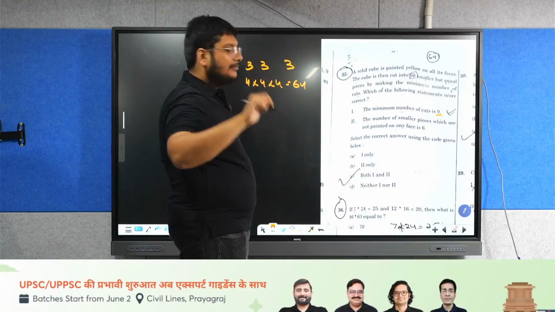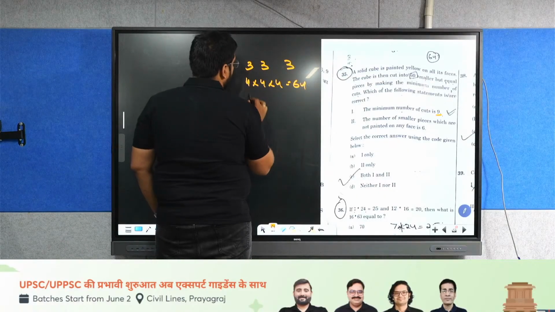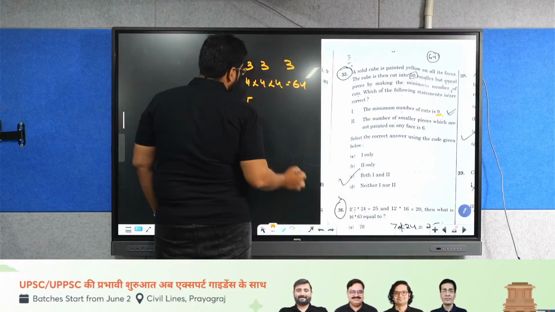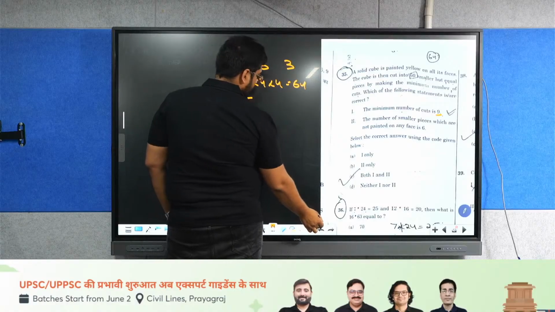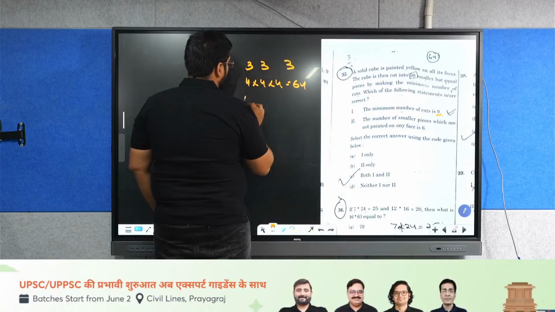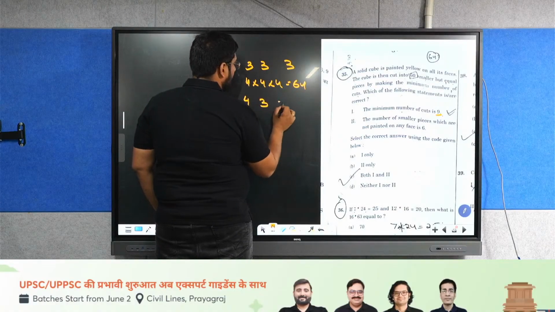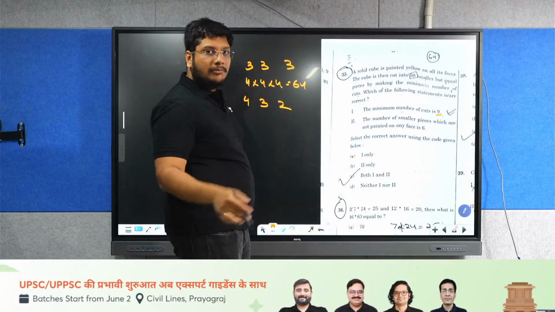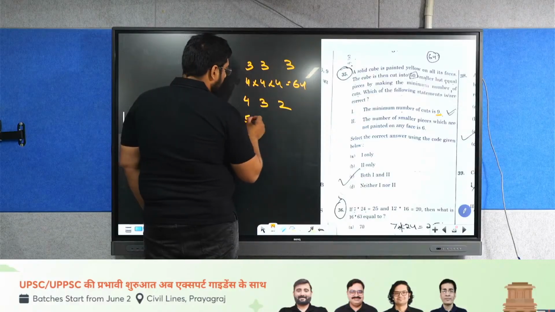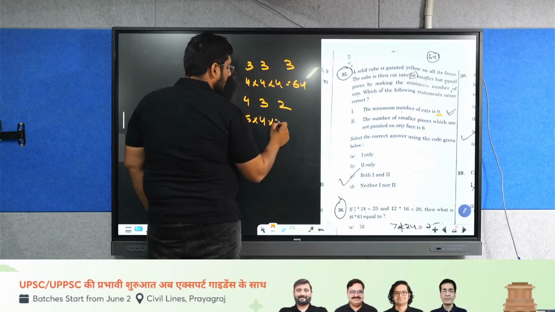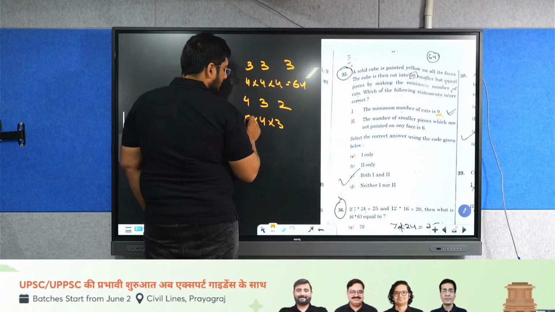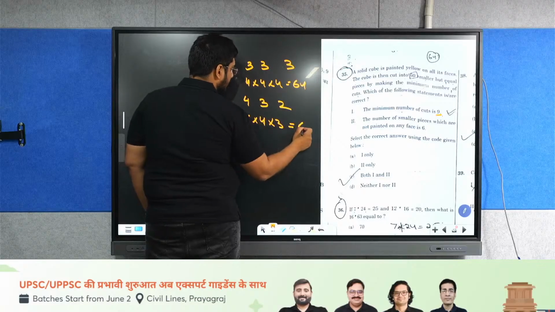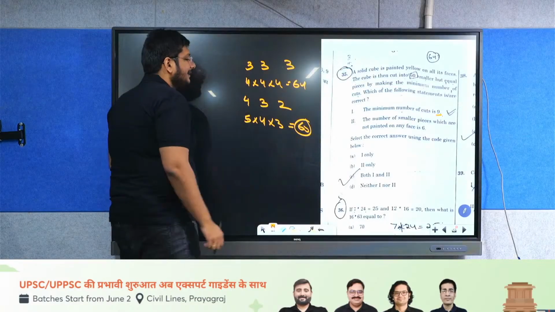Let's see if I make some unequal distribution. 4, 3, 2 cuts. I just added 1 here and subtracted 1. So number of cubes would be 5 into 4 into 3. 5 4s are 20, 20 3s are 60. Yes, I'm getting 60.